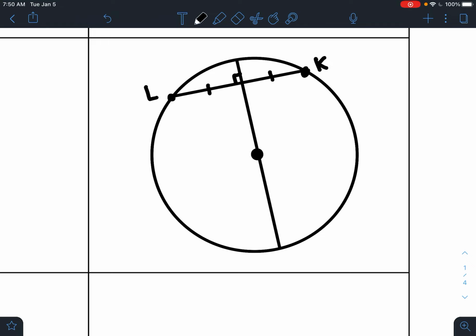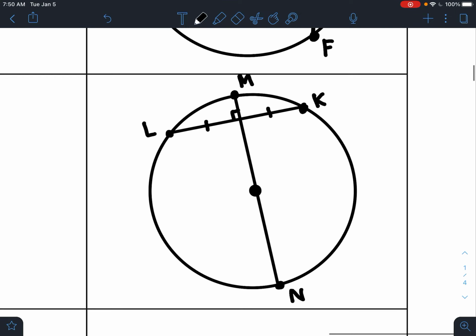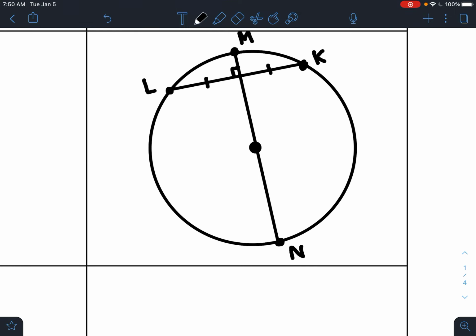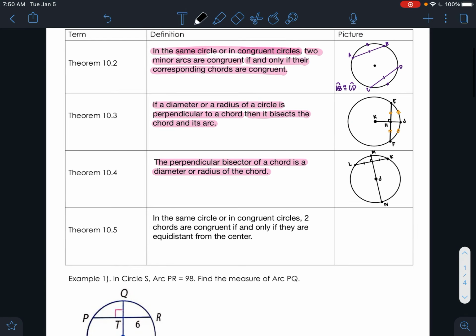What you're going to notice is that segment would pass through the center of the circle. So that means that this segment right here has to be a diameter. Let's write this MN. So MN has to be the diameter. And if we name the center of that J, then MJ has to be the radius.